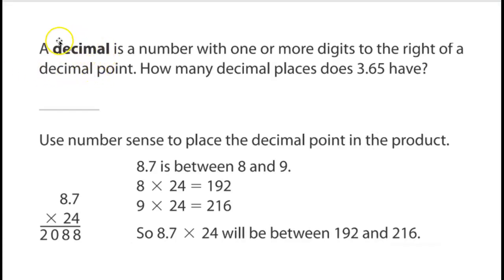We all know a decimal is a number with one or more digits to the right of the decimal point. How many decimal places does 3 and 65/100ths have? If you remember the chart that's in my room or in your teacher's room, we have ones, tens, hundreds, thousands, 100,000s, I'm abbreviating, and millions.